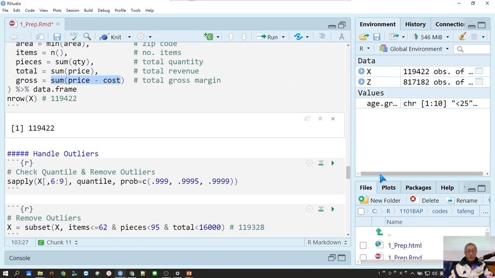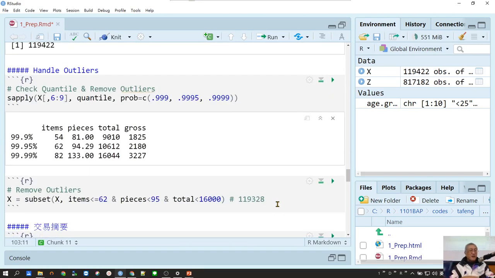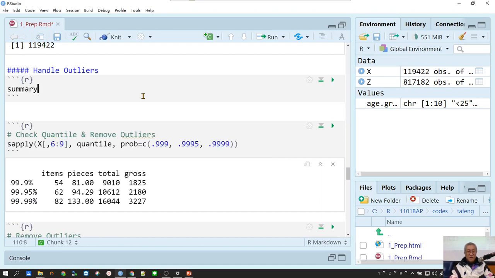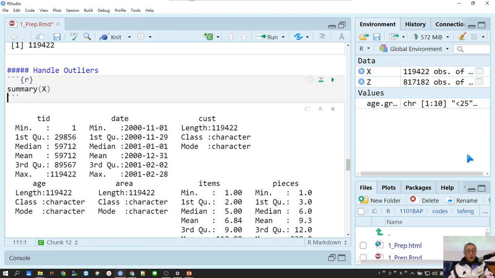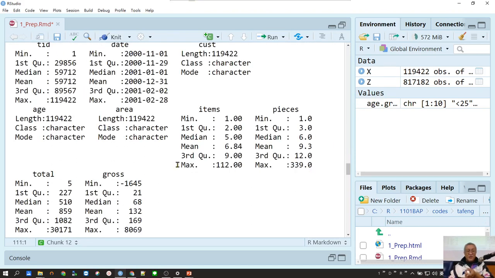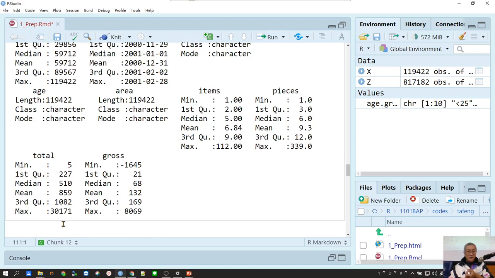So after this aggregation, we will do the outlier handling again. You will see that some customers are buying a lot of money. Usually you will do a summary and you will see that price is okay, but this is not okay.